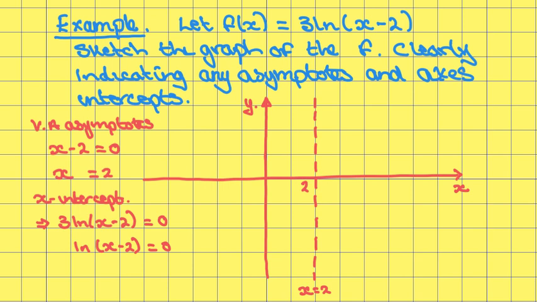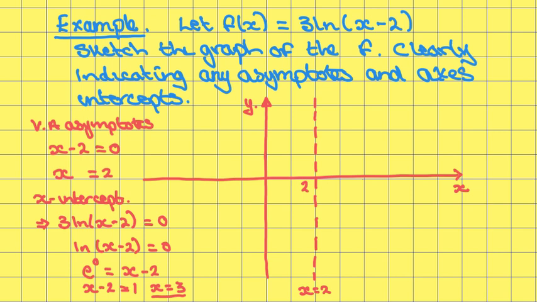That basically means that e to the 0 is equal to x minus 2. So x minus 2 equals 1. So therefore x is equal to 3.